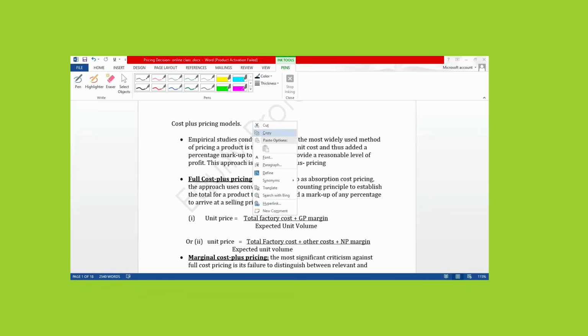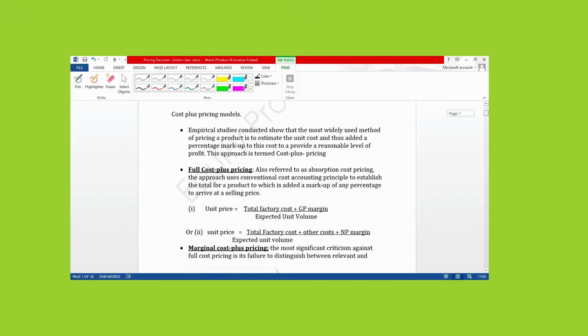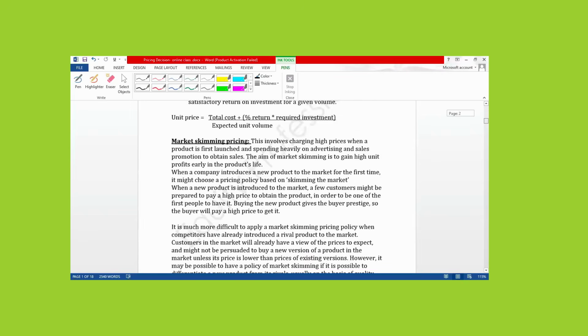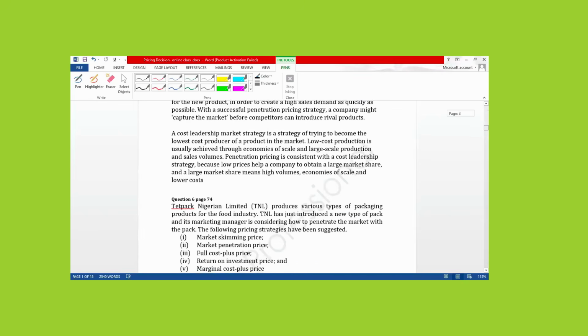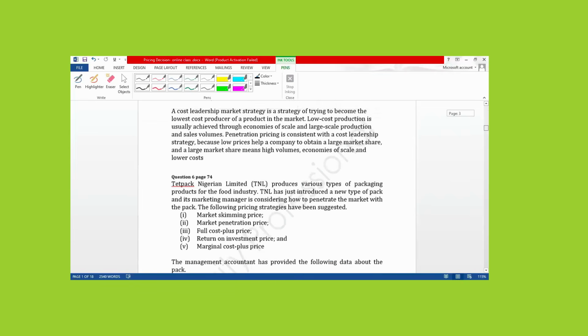Also, elasticity of demand will have impact on the product selling price. The degree of competition will impact on the selling price of a product. We discussed this last week.